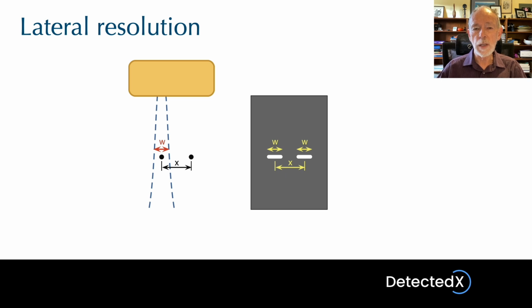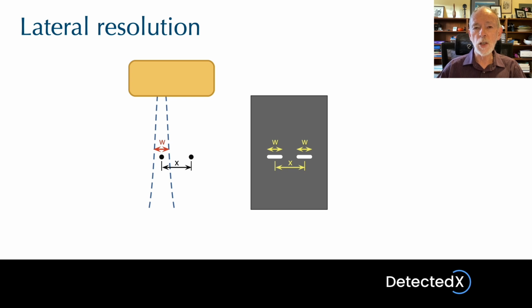Lateral resolution refers to 2 objects at the same depth, separated by an amount x. As the beam scans from left to right, it's going to smear out each one of these objects in the image by an amount equal to the beam width w. And so on the right-hand side, I'm showing the sort of thing we would see in the image, that each of those dots is being imaged as a line of width w.